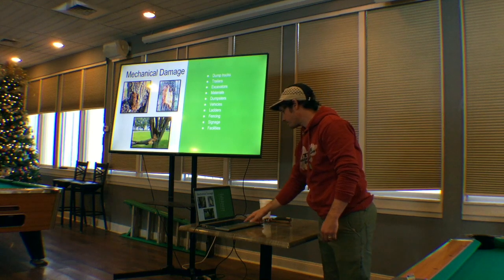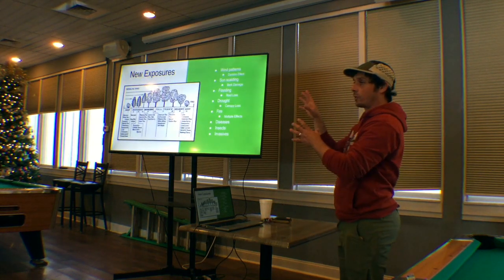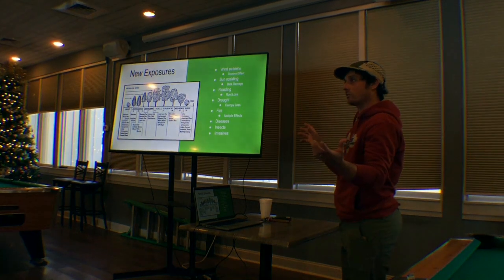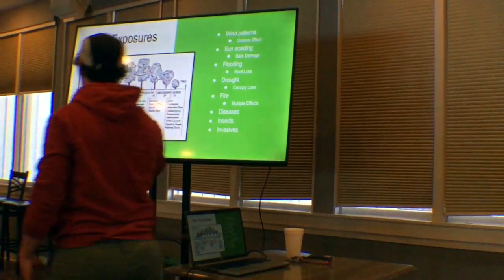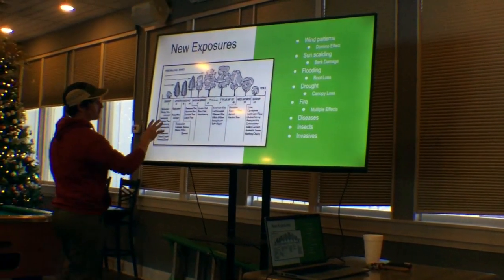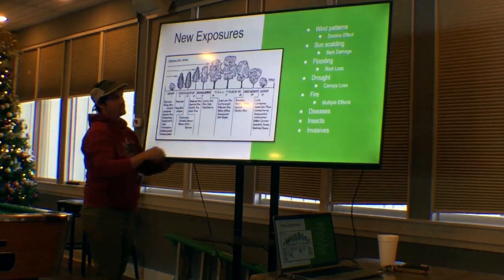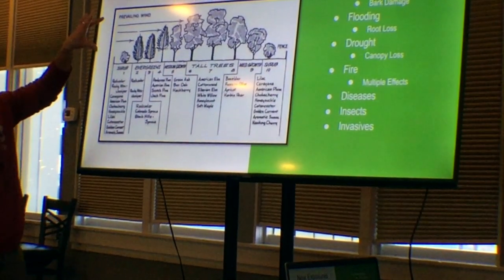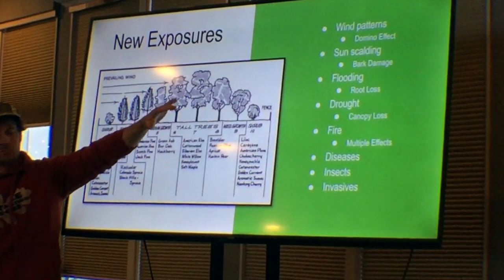All right, so here's a good one, wind, so new exposures to the elements, right? I mentioned wind earlier. Here's a great diagram for why that happens. Forget about the species, this is kind of what I wanted to say. So this is a natural forest structure.